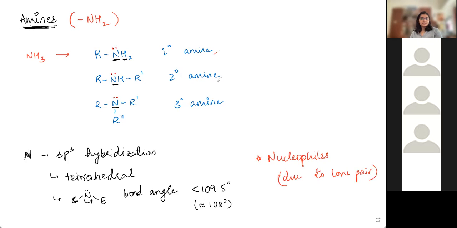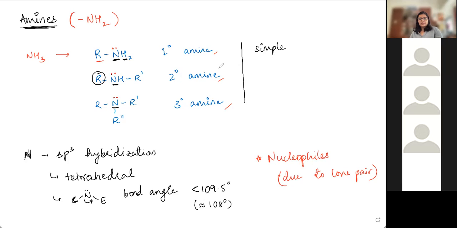Classification: you have primary, secondary, tertiary amines, depending on how many R groups are attached. Apart from that, there's another kind of classification. Then you look at what specific alkyl groups are attached. So the other kind of classification is just like with ethers. Here you have simple and mixed amines.